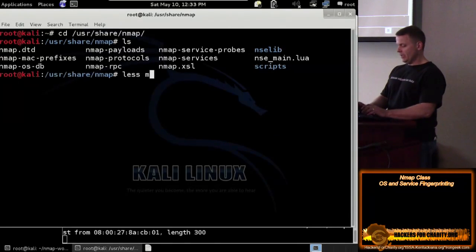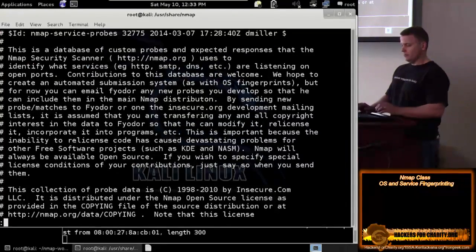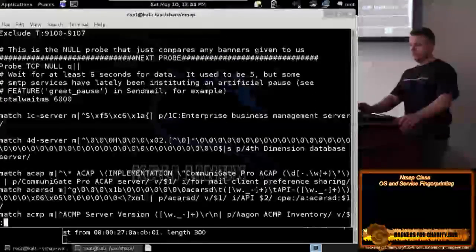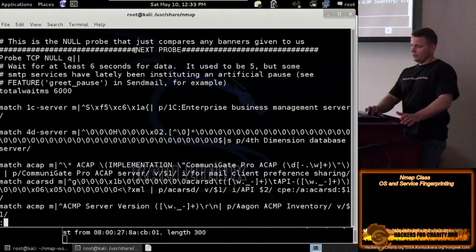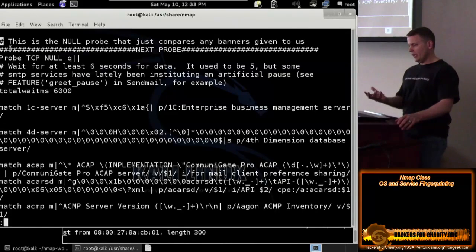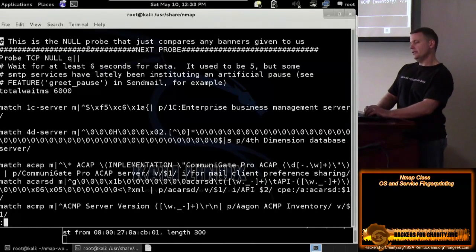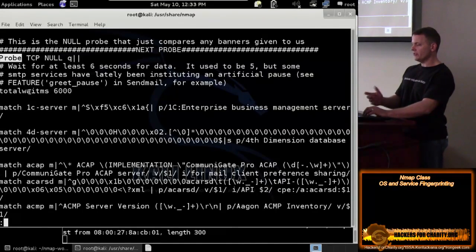If you look inside this nmap-service-probes file, what you'll see is blocks that start with Probe, and anything that starts with the hashtag is a comment. So you can grep for these or search for these blocks that say Probe to find the next sections, and then you'll find the probe declaration followed by the probe itself.